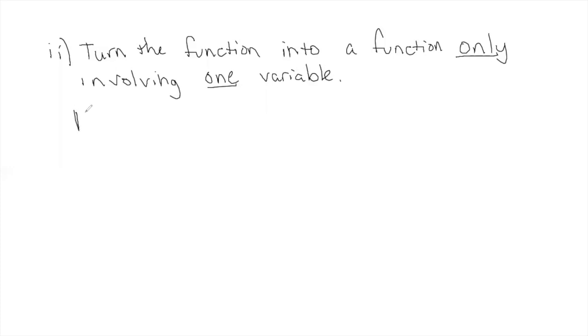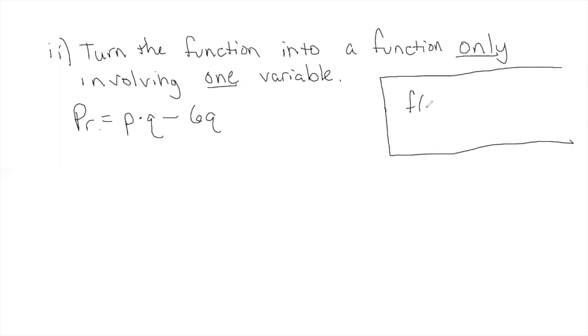So right now we have profit, which I'll just abbreviate by PR, being equal to P times Q minus 6 times Q. But I don't like having P's and Q's floating around in this, right? It's difficult to maximize because I'm used to dealing with things that look like f of x equals something x squared plus something x plus something, right? The point is that I want to be able to write this as something in one variable so that I can take a derivative.